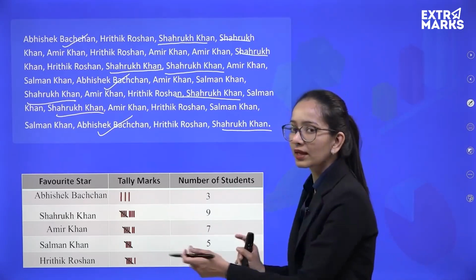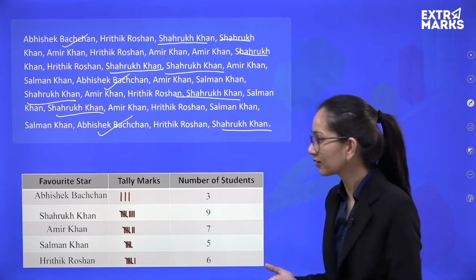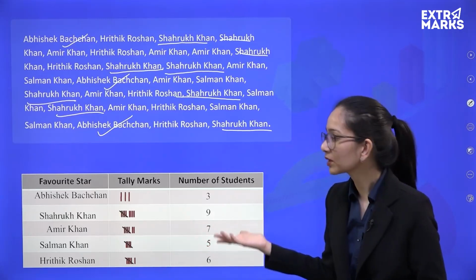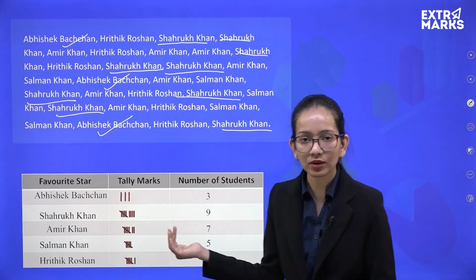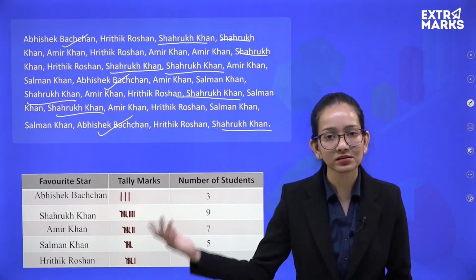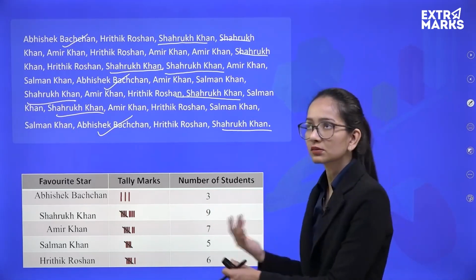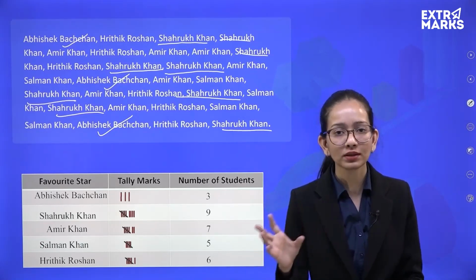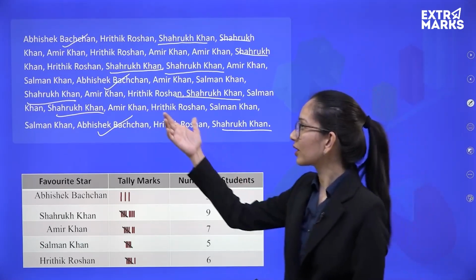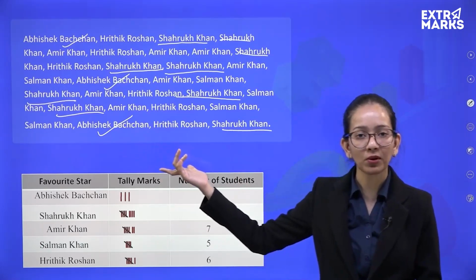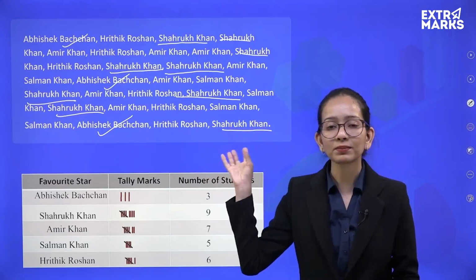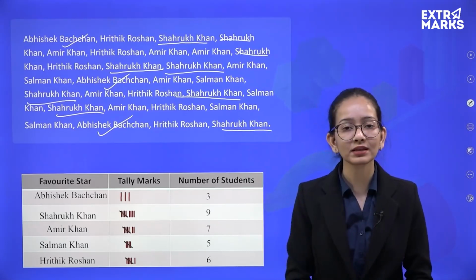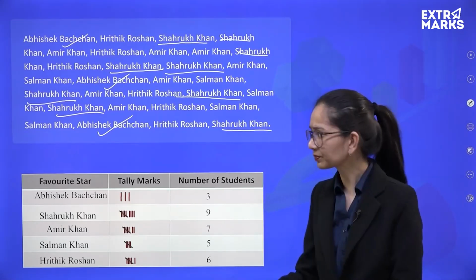Just by looking at this table, I can easily find how many students like Abhishek Bachchan, or how many like Shah Rukh Khan, or which star is least liked, which star is most liked. Just by looking at this table, I can answer all these questions. But this raw form of data is very complicated to handle, or to extract information from, right?